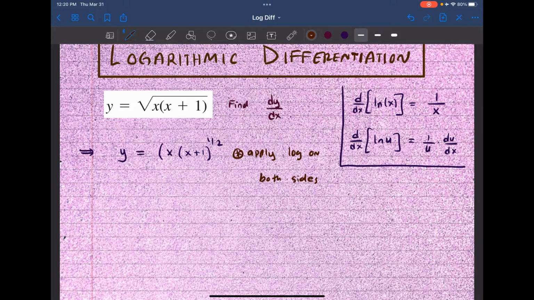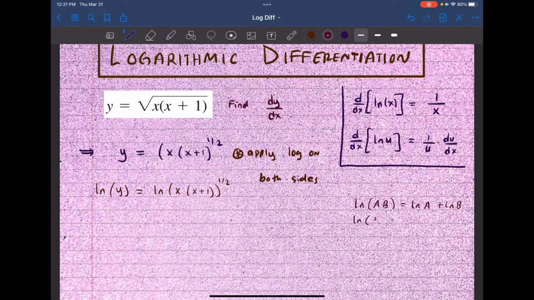If I apply natural log on both sides, that's ln of y, and on the right hand side, ln of x times x plus 1 to the power 1/2. Now by applying the laws of logarithm, one of the laws tells us that if you have ln of a times b, that is simply ln of a plus ln of b.